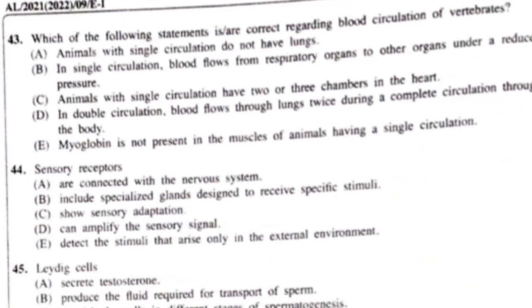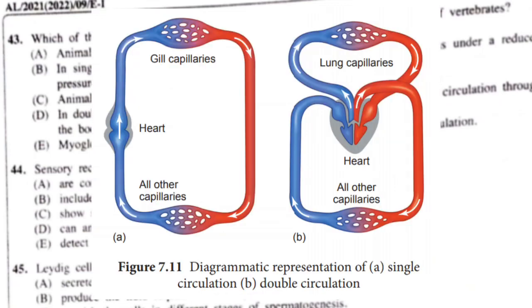Question number 43 is about the blood circulation of vertebrates. So the correct answer is answer number 3. Statements A and B are correct. We know there are two types of circulation: single circulation and double circulation. In animals that show single circulation, the heart will only have 2 chambers and they will have 2 capillary networks.